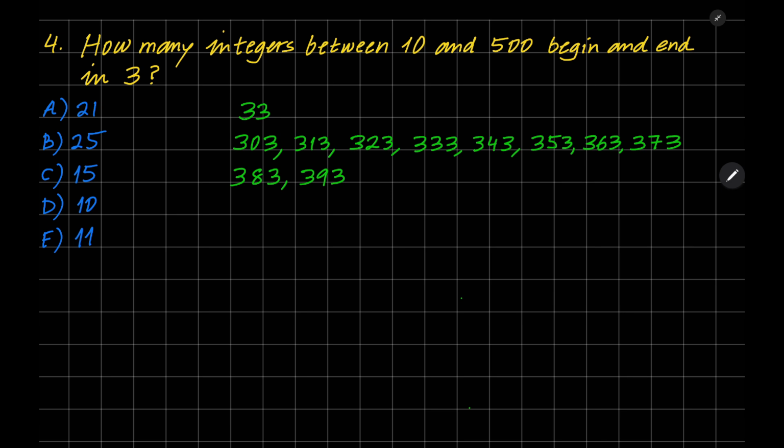We found 10 three-digit numbers and 1 two-digit number for a total of 11 numbers that begin and end in 3. So the answer E is correct. Now let's go to the next question.